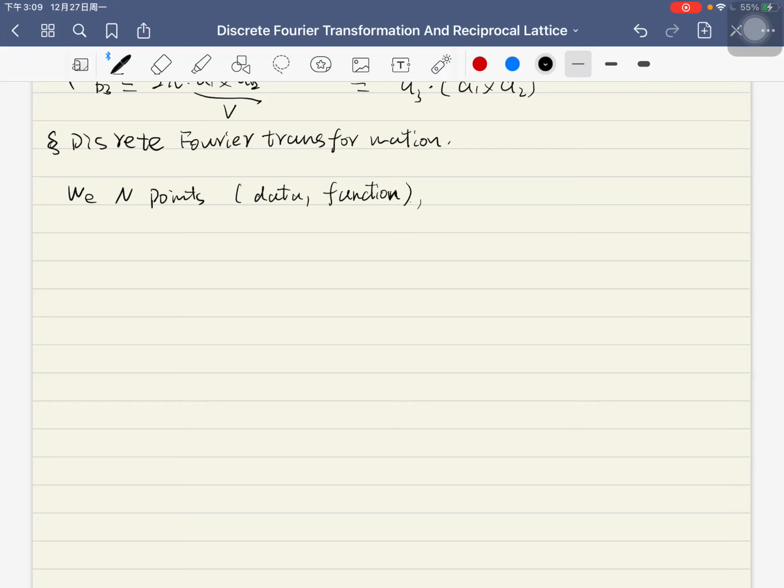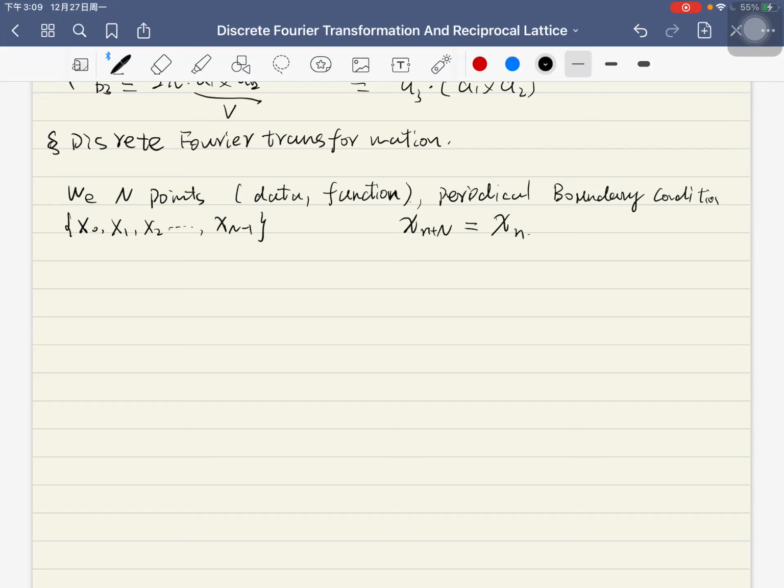It has the periodic boundary condition, which means x_{n+N} equals x_n. These points can be written as a set x0, x1, x2 to x_{N-1}.